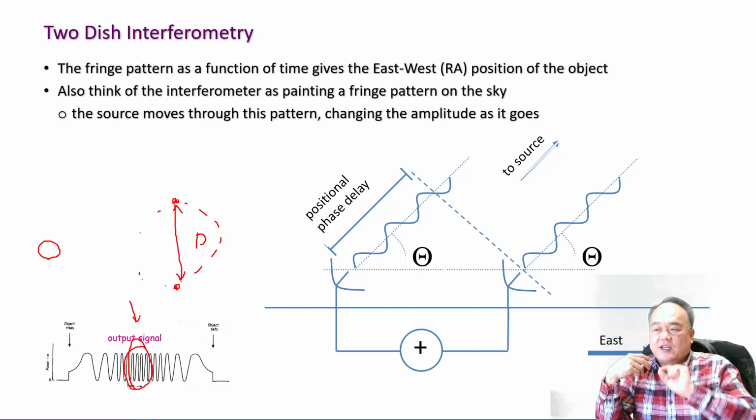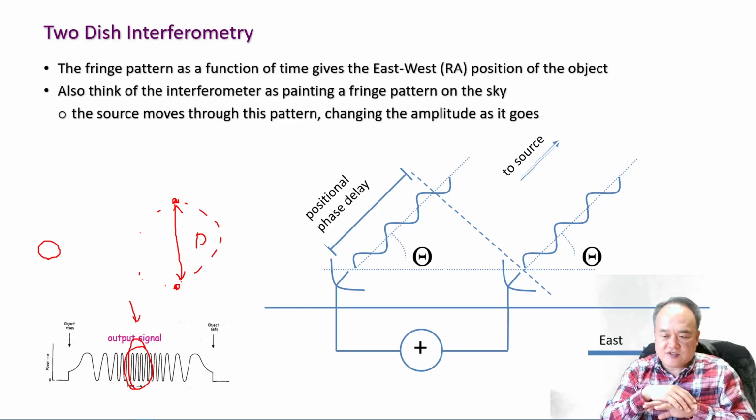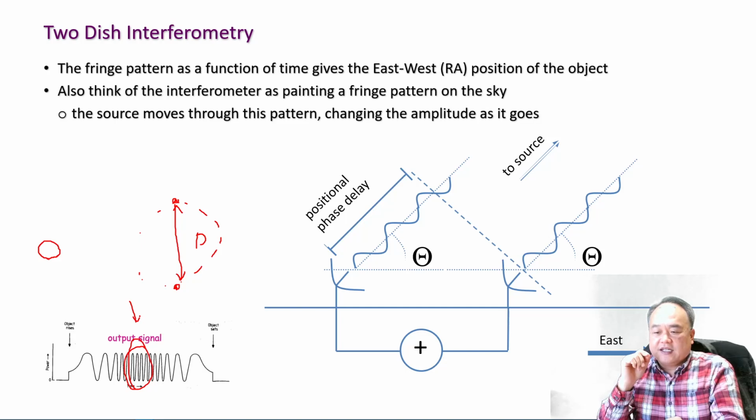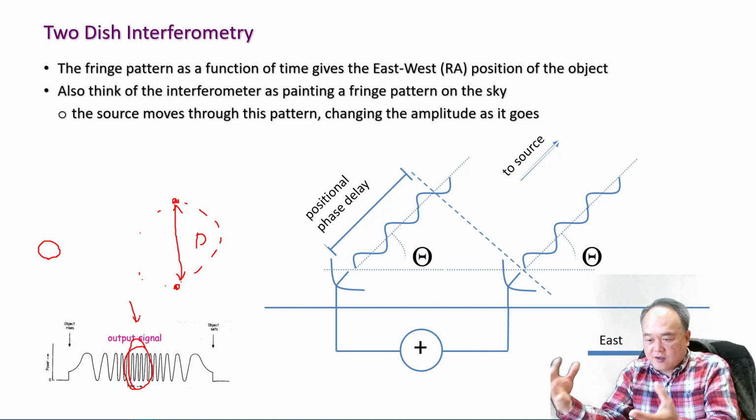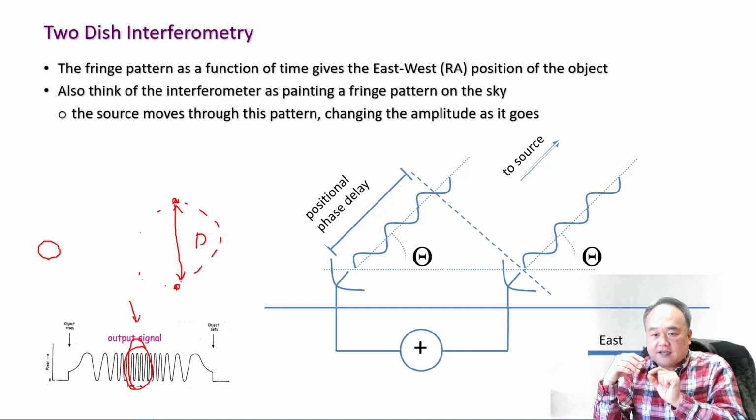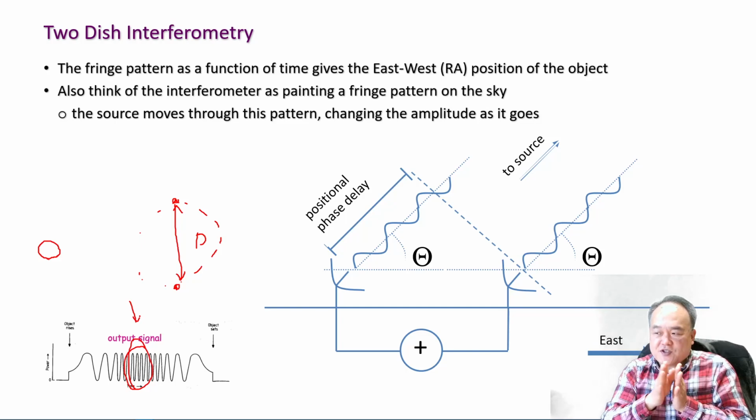But as we go to higher and higher frequency, we are not able to control this fringe. That means interferometry works fine at radio frequency, but we are barely able to tap into and control the fringe at higher frequencies such as infrared.